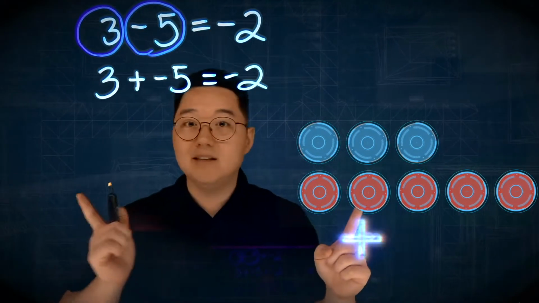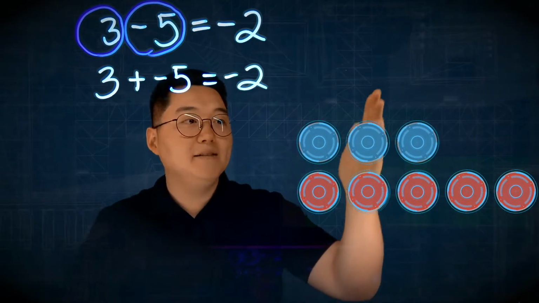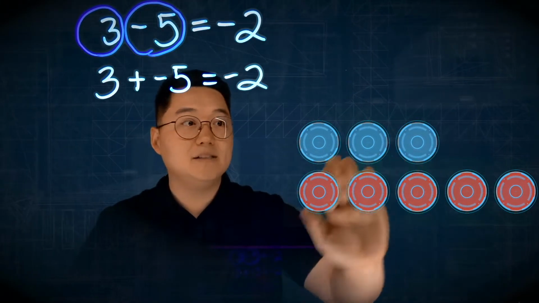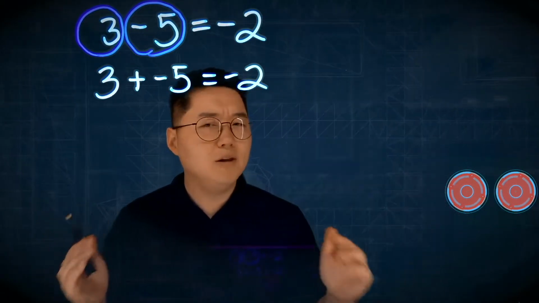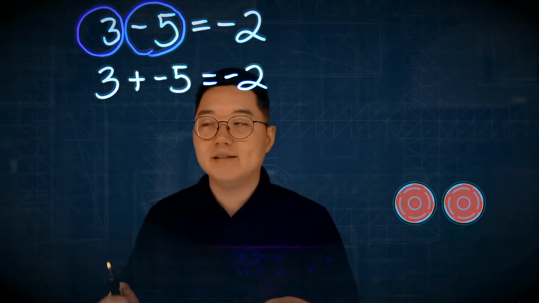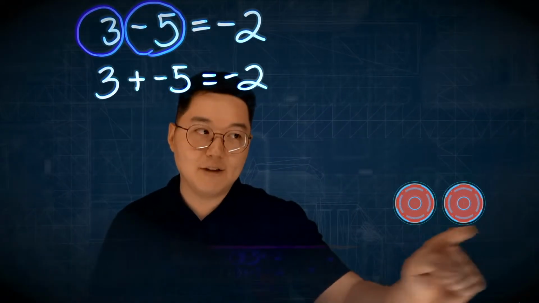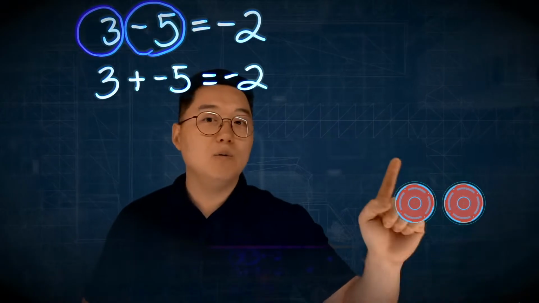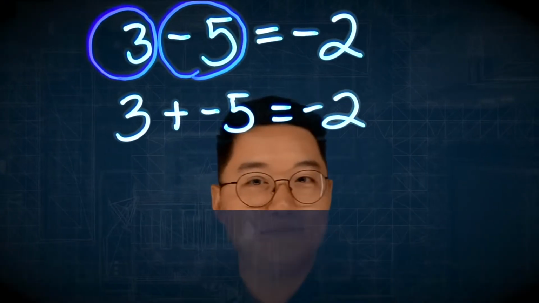Remember, positives and negatives cancel out. So the 3 positives and 3 negatives cancel out. So what are we left with? Are we left with positive 2 or is it negative 2? It has to be negative 2 because we're left with 2 more negatives, which is why 3 plus negative 5 has to be negative 2.